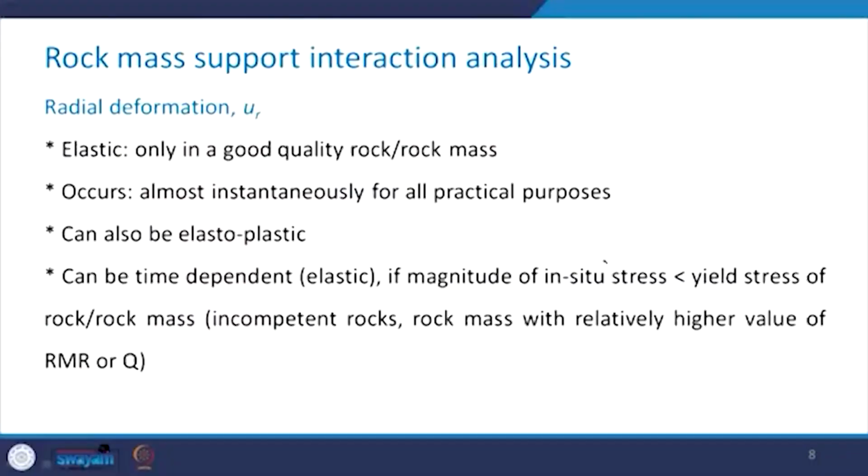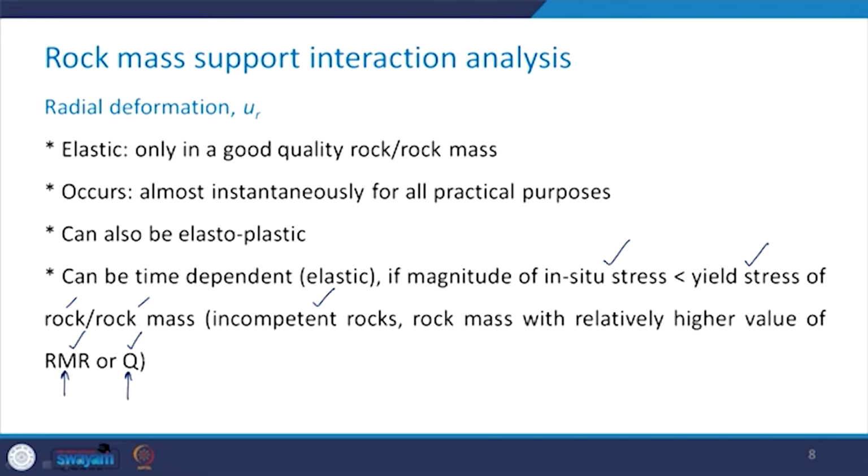It can be elastic but time dependent if the magnitude of in situ stress is less than the yield stress of rock or rock mass. And this type of situation can be seen in incompetent rocks and rock masses with relatively higher value of RMR or Q. Do you remember the classification systems? There we learnt how to determine this rock mass rating and Q value.